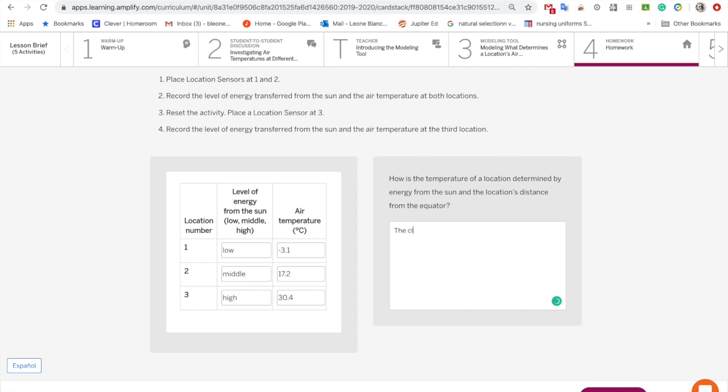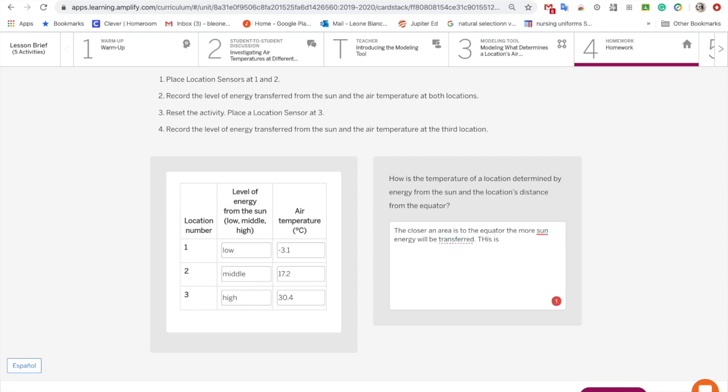The closer an area is to the equator, the more sun energy will be transferred.